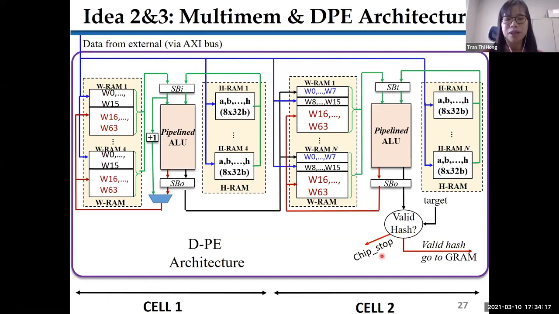If the final value meets the target, the chip stop signal will activate to tell the PEs of the accelerator, oh, I already found the valid hash value. You can stop working. So the PEs can stop working and the valid value will be read out of the BCA.